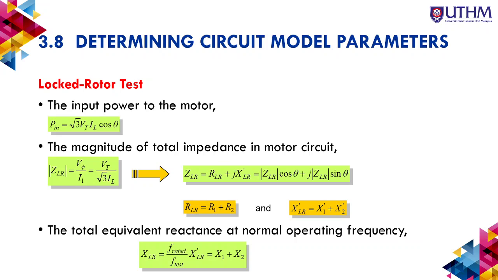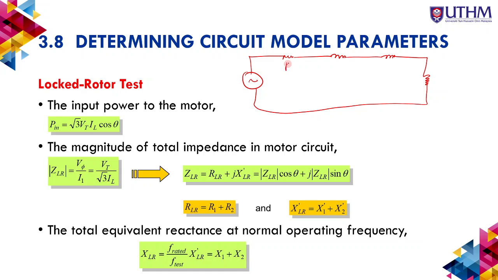Since the equivalent circuit has become a series, I draw it again. We have R1, X1, and then we have X2, and then we have R2.